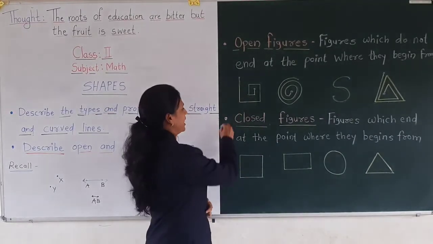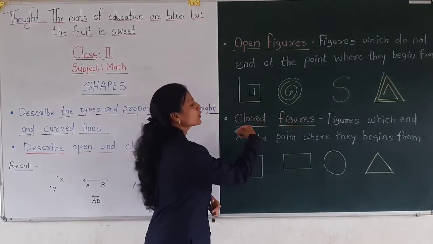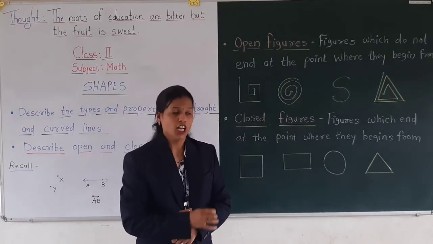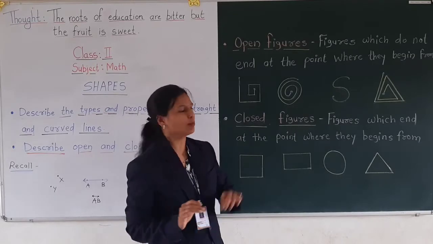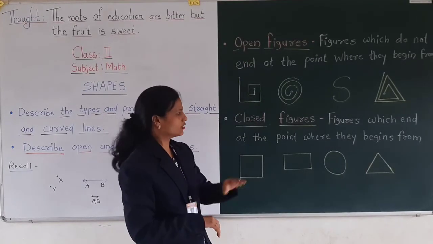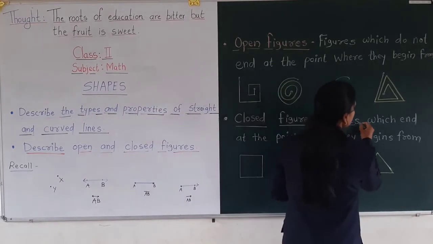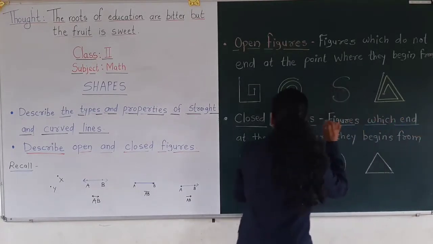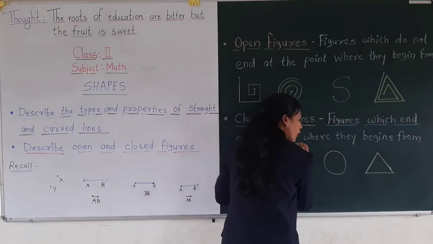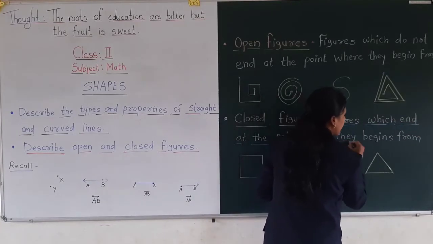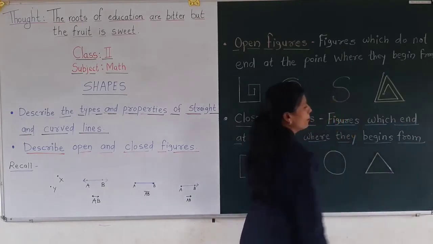Then comes our next point, that is closed figures. Closed figures are exactly opposite to open figures, right? Let us see about closed figures. Figures which end at the point where they begin from.